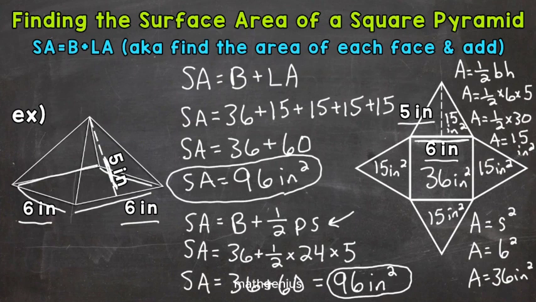So you can see that it's kind of similar because we have the capital B, the area of the base, and then this portion right here, this gives you the lateral area. So it will take all of those faces, the areas, and find the total area of those faces in one step there. Both methods work, so whatever works best for you, go with that.